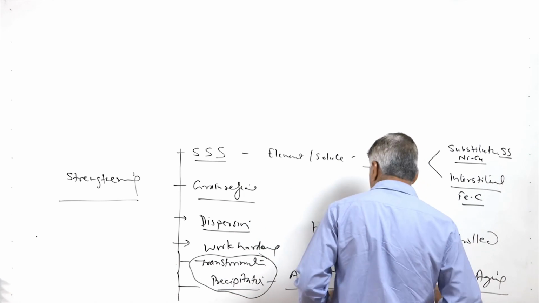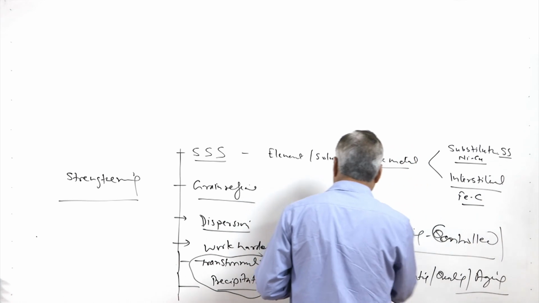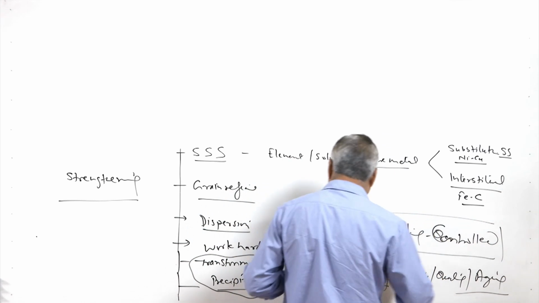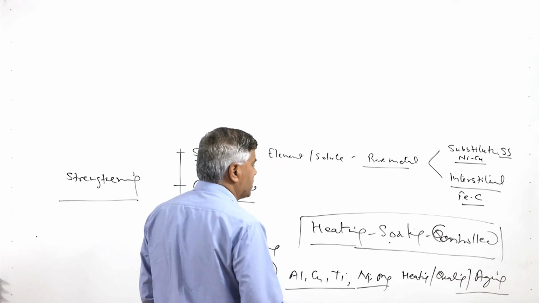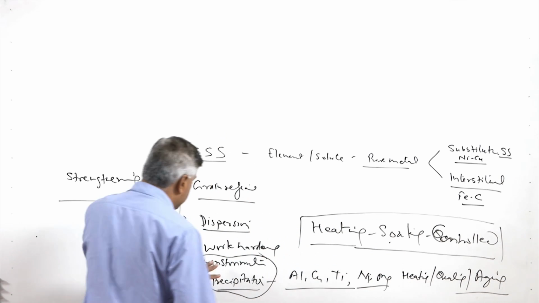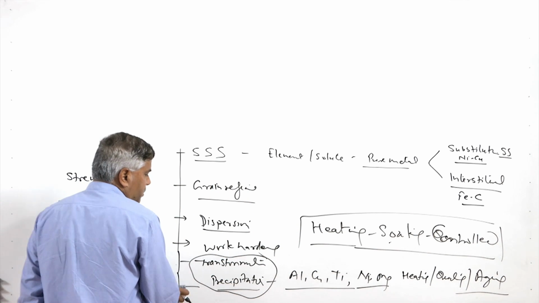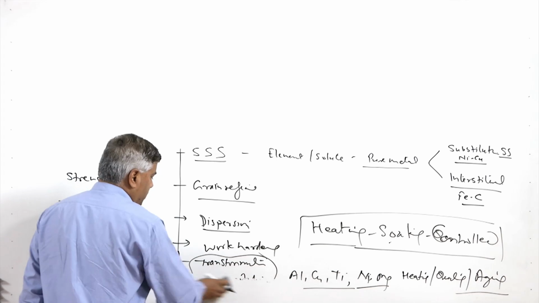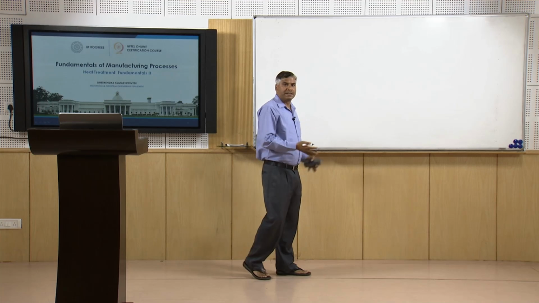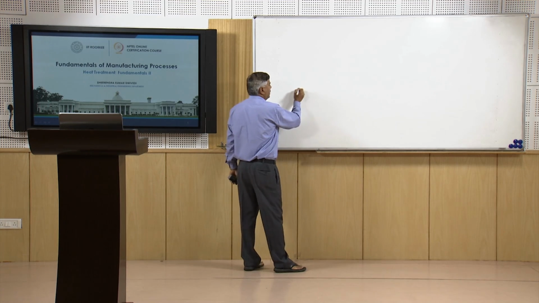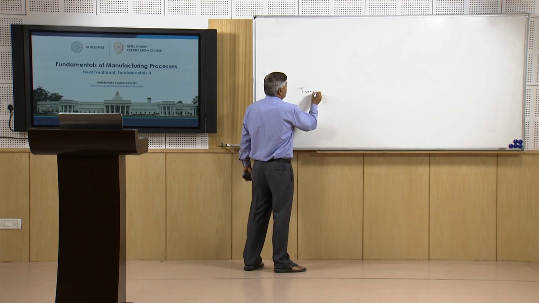This kind of combination results in the heat treatment, and depending upon the way by which we cool under different conditions or reheat under different conditions, that leads to transformation hardening or precipitation hardening. So in this presentation now we will focus on the basics related with the transformation hardening heat treatment.